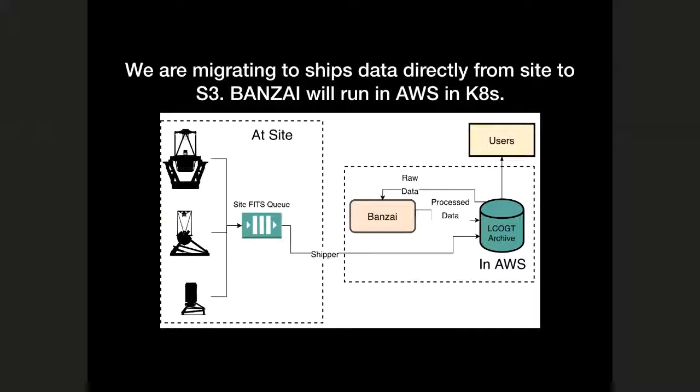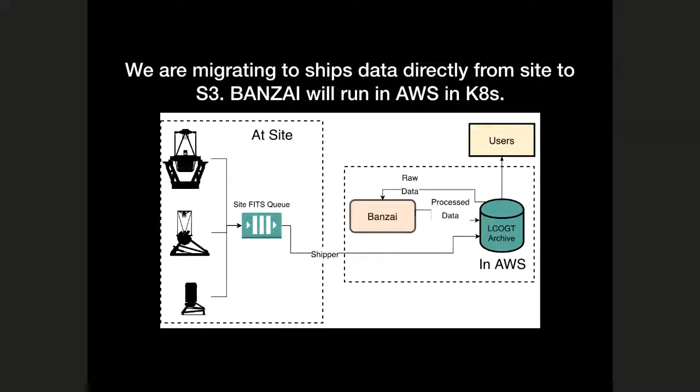It means that we should have higher data integrity, and it should be faster to get data to our users. The other nice thing about having our data in Amazon is that it's automatically available to everybody around the world. It's very easy to set up a front-end interface so that we don't have to worry about people downloading things from our actual physical machines in our building. It's easier to access around the world.